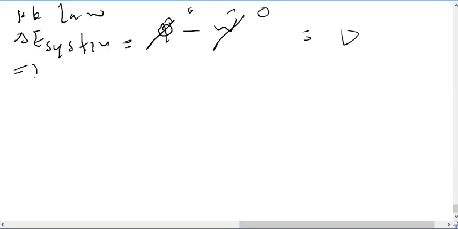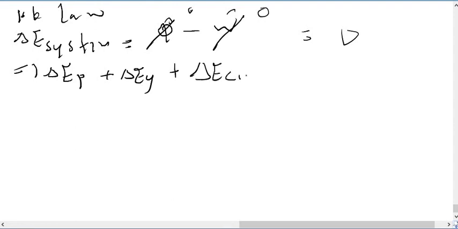So this implies that the change in energy of piston plus the change in energy of the gas plus the change in energy of the copper is equal to 0. So what is the energy of the piston?